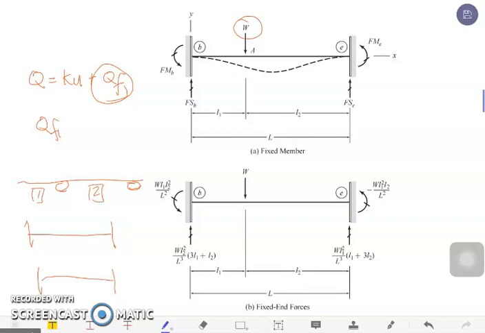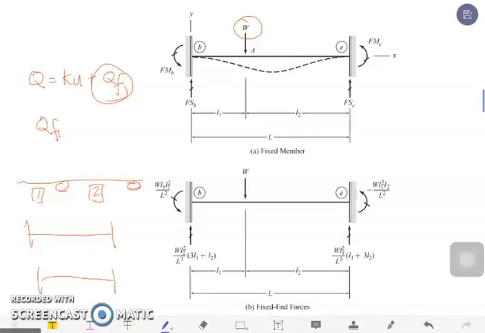Same also, we have our shear force at the end of the member, and our moment force at the end of the member. To denote the shear force and moment force at the beginning or at the end of the member, we are going to have FSB and FMB, which are the shear force and moment force at the beginning of the member.